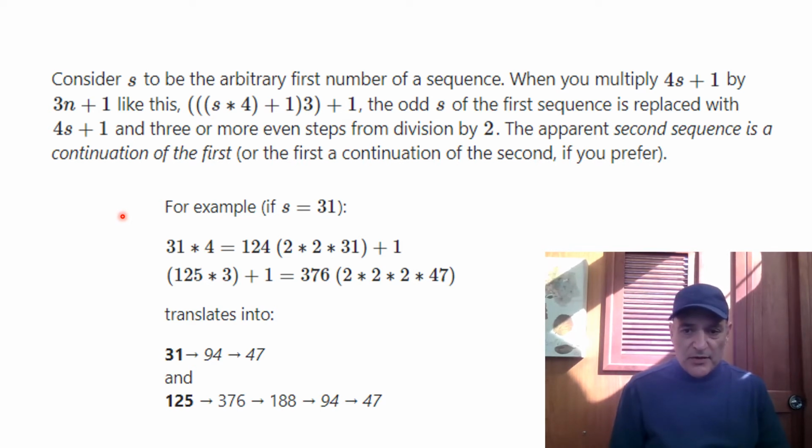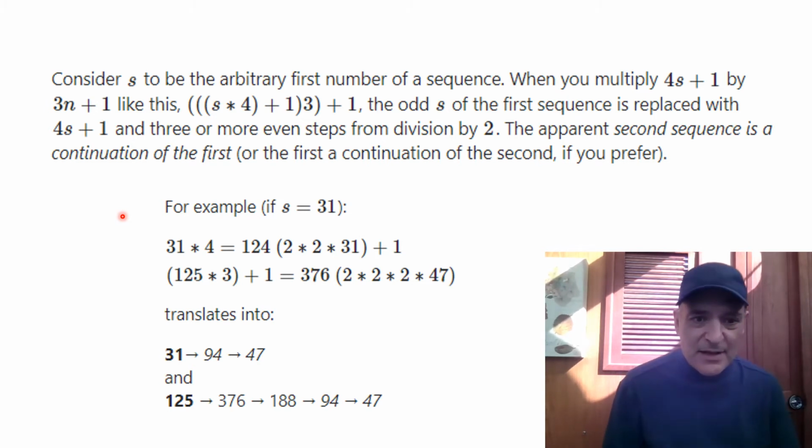Here I'm illustrating the relationship between the even and the odd numbers to explain why in the even-odd sequences you do not see this very salient fact that the sequence is actually continuing by multiplying by 4 and adding 1. So once we have that, 124 plus 1, we have 125.